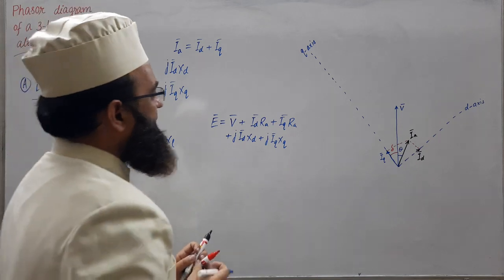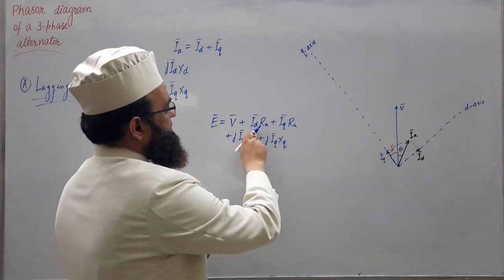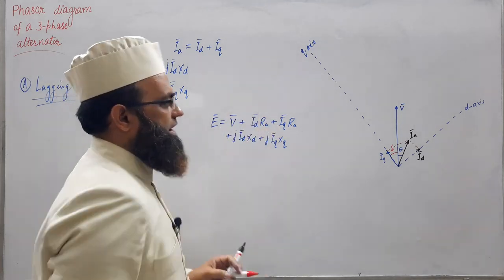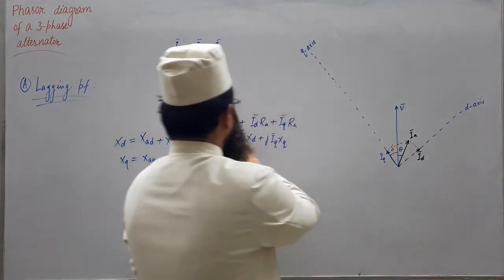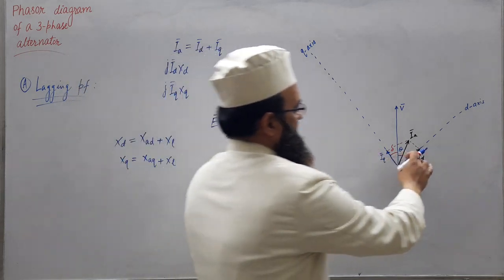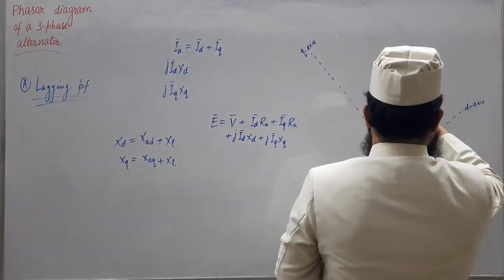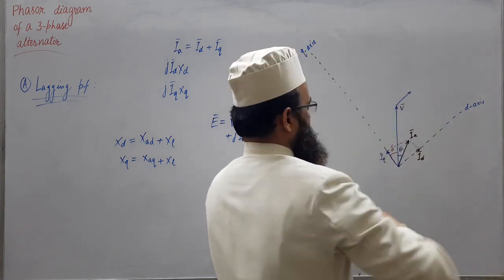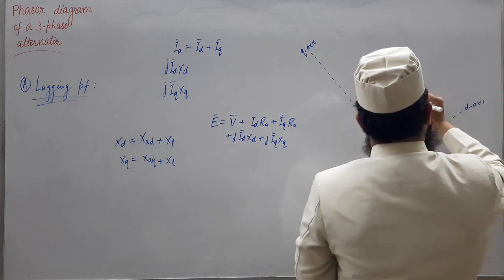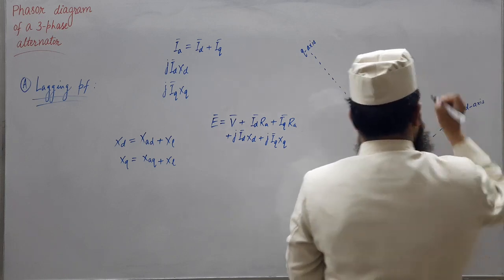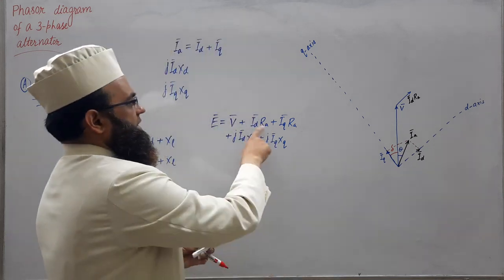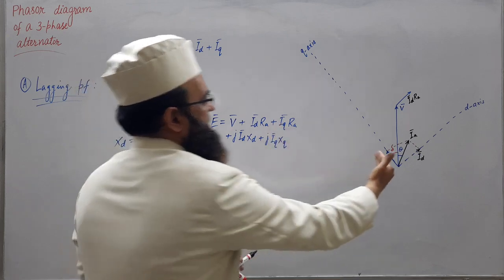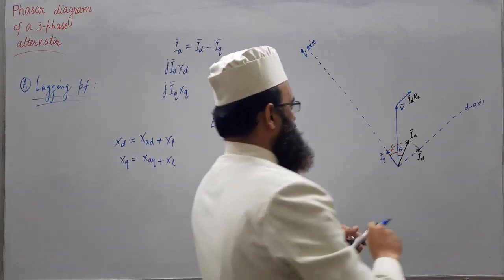Now we are going to draw this ID RA drop. RA is a scalar quantity, so this drop will be along ID. From V we are going to add this drop, ID RA. Now add IQ RA. RA is a scalar quantity, so this drop will be along the phasor IQ.